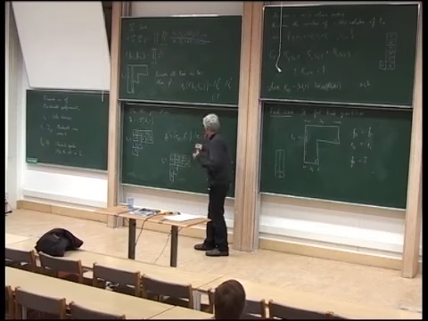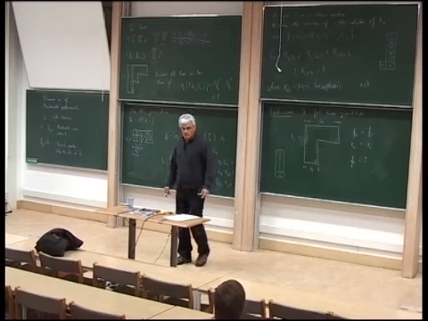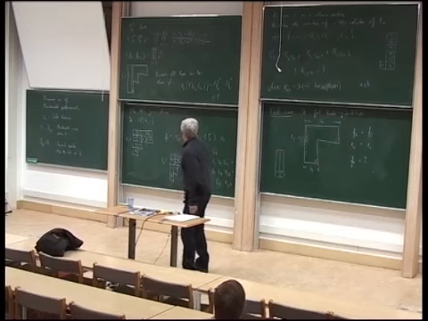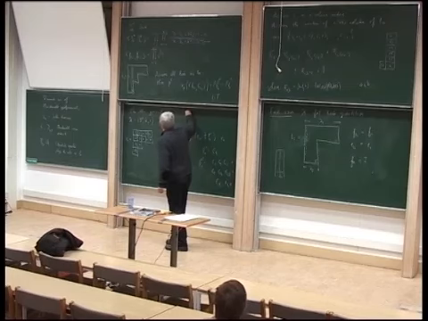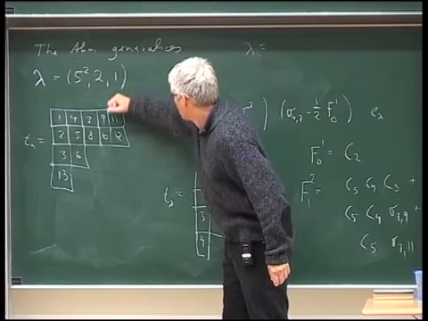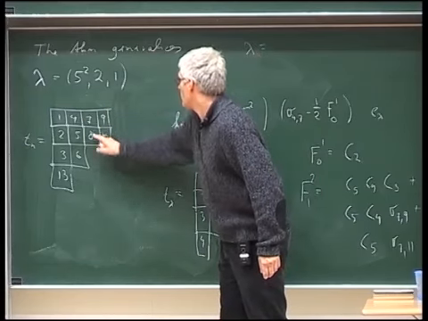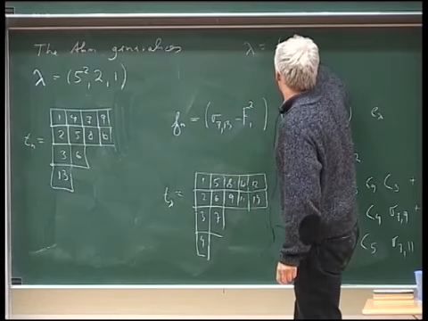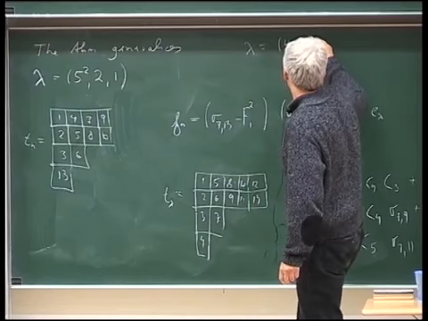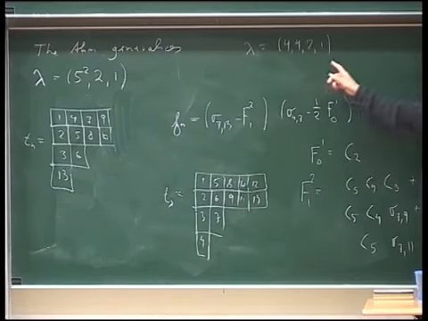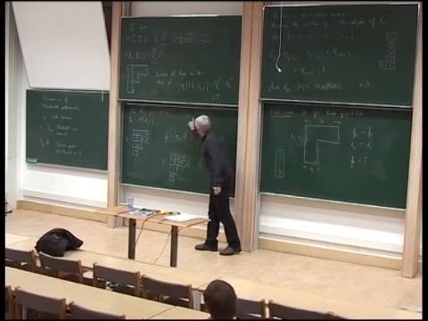So I have checked. I have not checked this formula, but I have checked a lot on Maple, for instance, lambda equal to just cutting here 4, 4, 4, 4, 2, 1. The formula in this case I have checked.